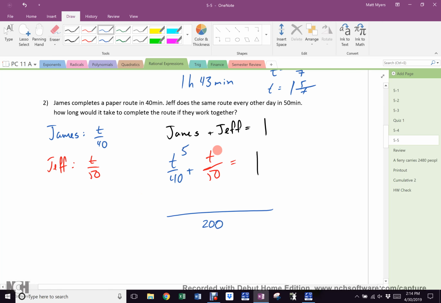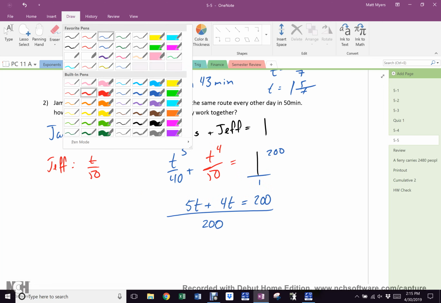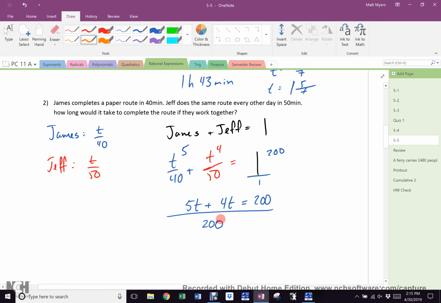This needs 5. What does this need? 4. So what do I get? 5t plus 4t equals, what does this need? 200. Because what was his original denominator? 1. Do I need this 200 anymore?